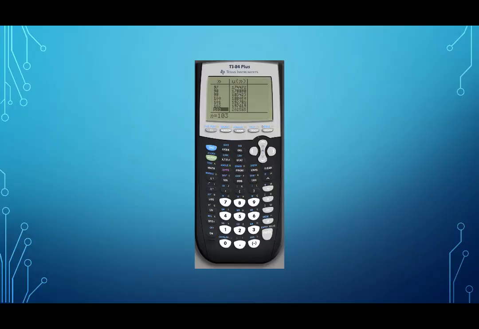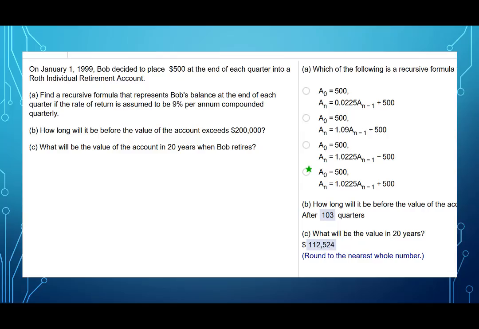Okay, there we have it. After 103 quarters, we have the amount. And so this is the final answer. It'll be 103/4 years, and the value in 20 years, $112,524.